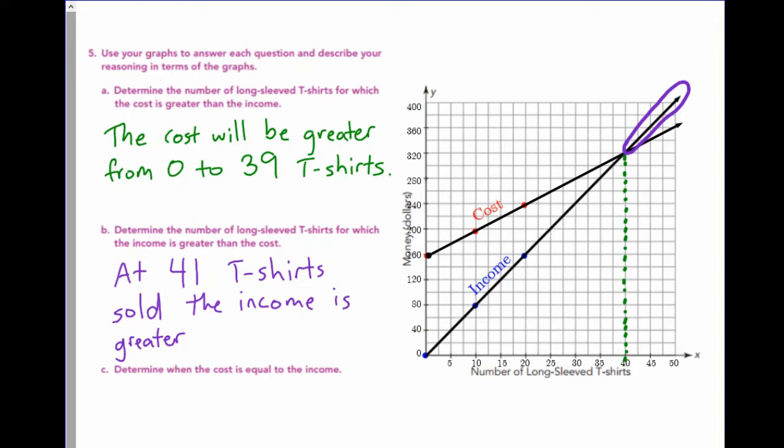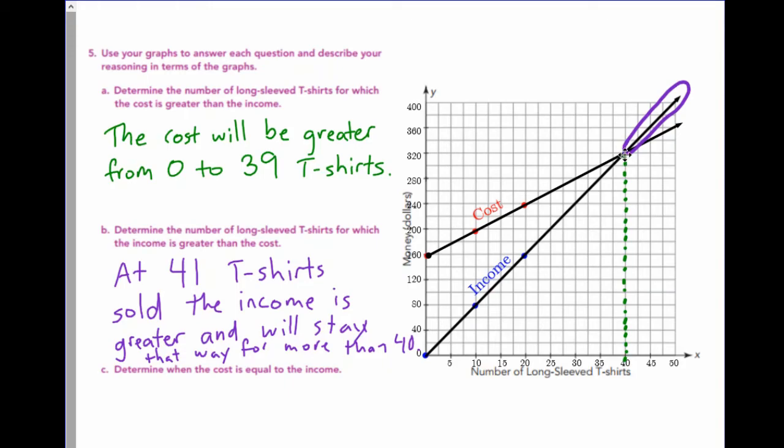It will stay that way for more than 40. Okay? Anything greater than 40.